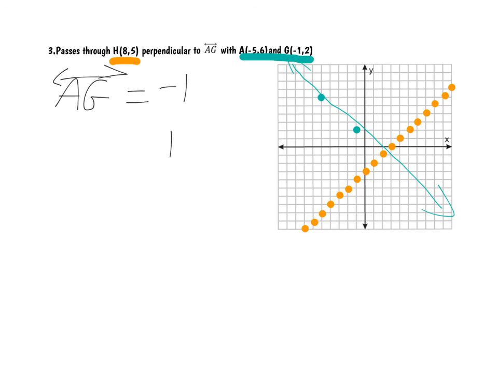Now, folks, of course, my touchpad is jerking a little bit, so the line doesn't look perfectly straight for my AG, but if you graph this out yourself and use a straight edge, you should see that these two form a nice little right angle.